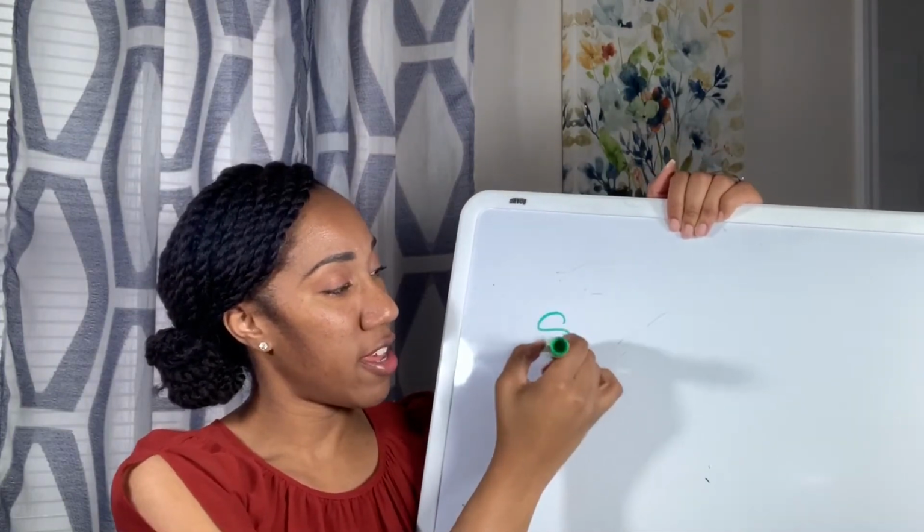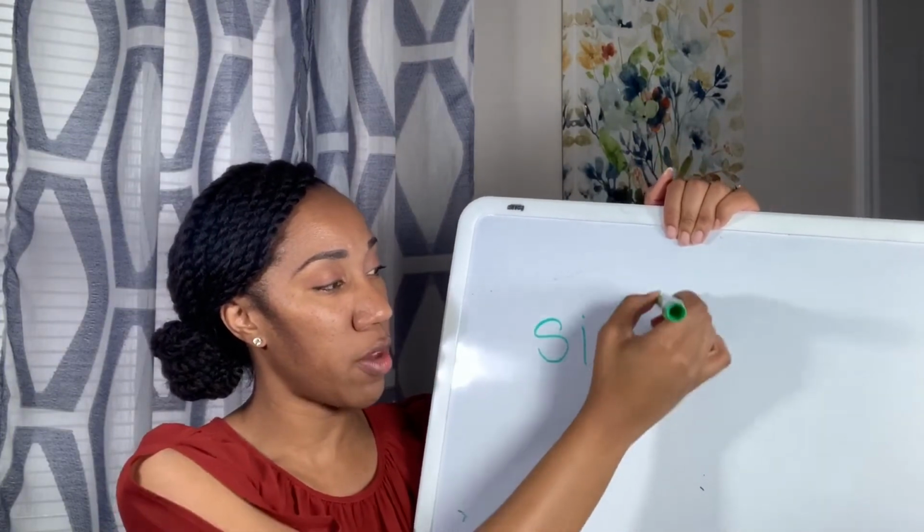The word is sink. And we're not talking about the sink where you go to wash your hands, which everyone should be doing a lot right now, washing your hands. This sink is talking about when you put something in water and it just hits the bottom really fast. That's the sink I'm talking about.